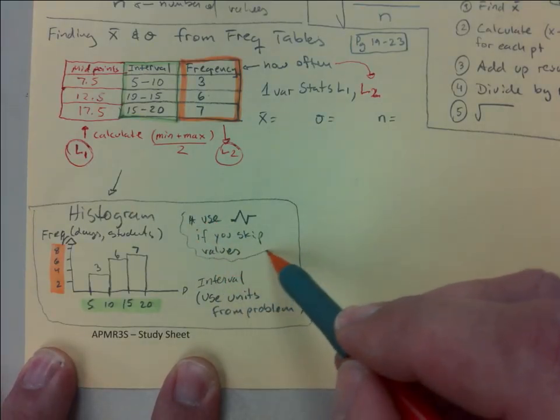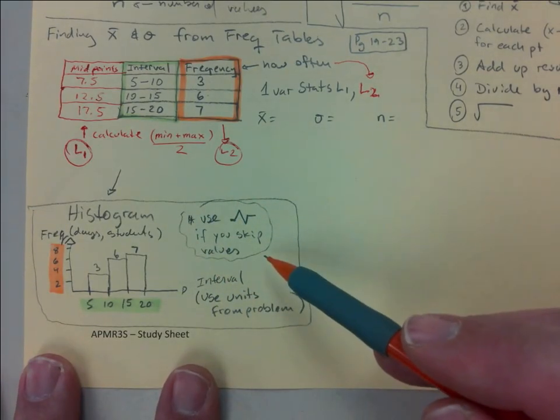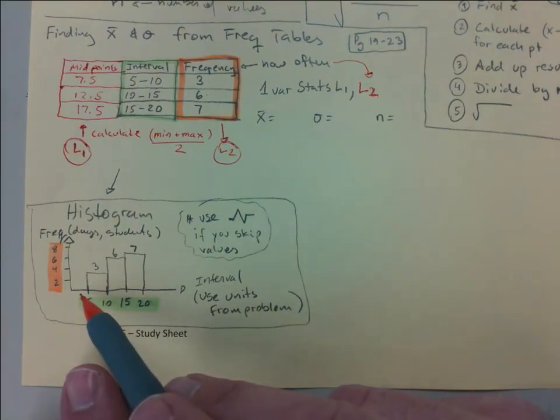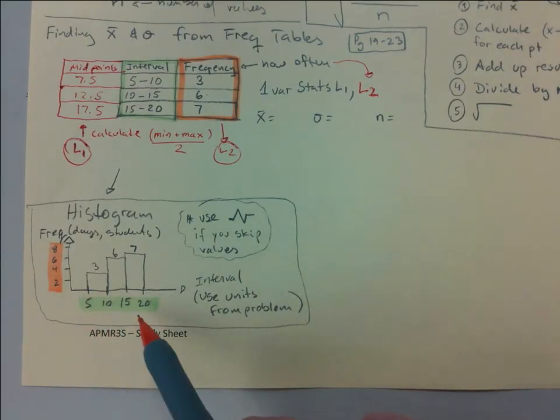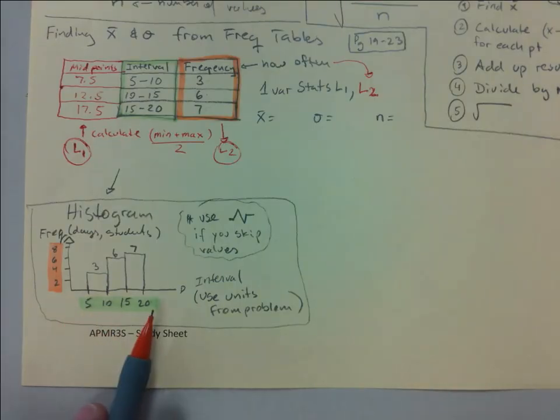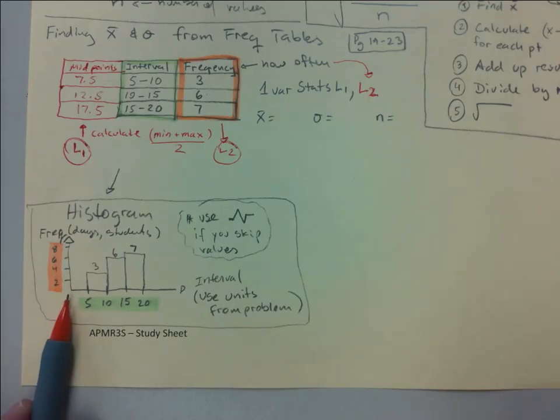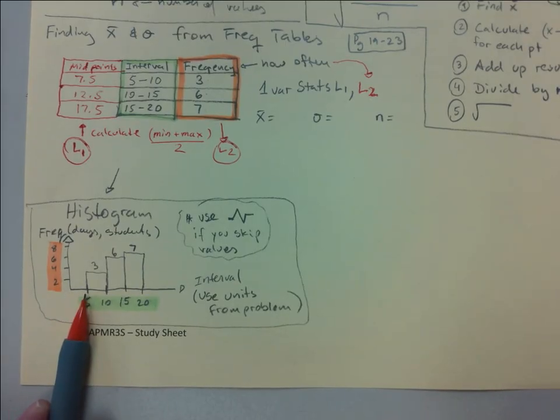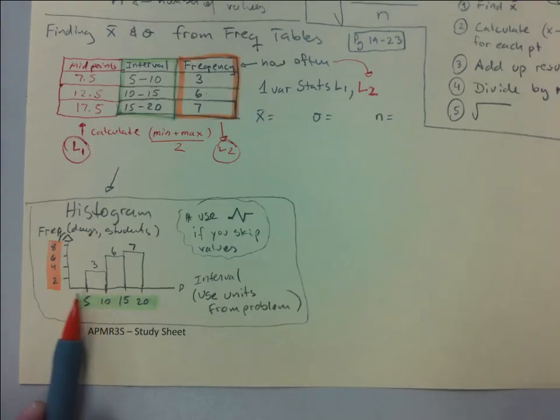This is something that you want to make sure you have. Did I need it in this case? Actually, I did not need it, because if this is 0 to 5, and then you go up by 5s, every gap represents 5. So my example here did not need a zipper.